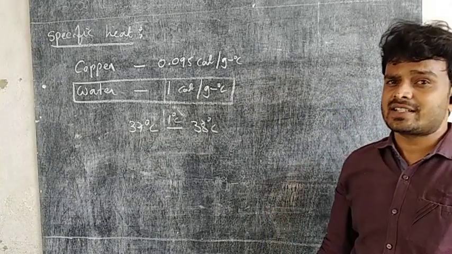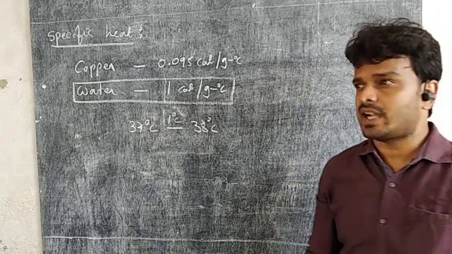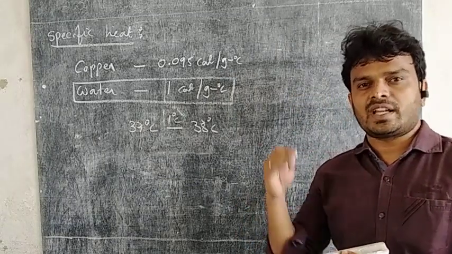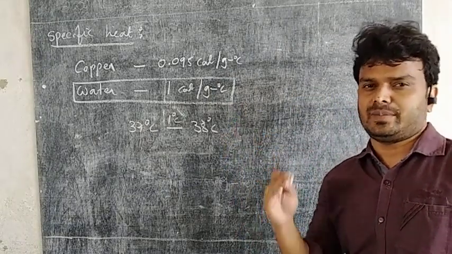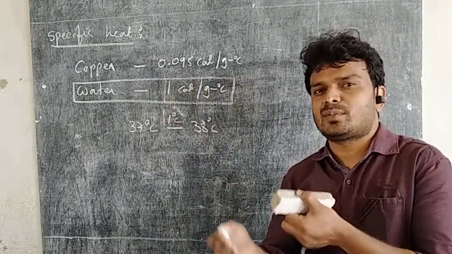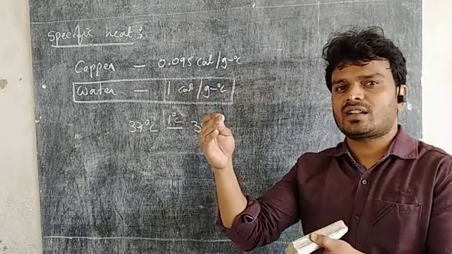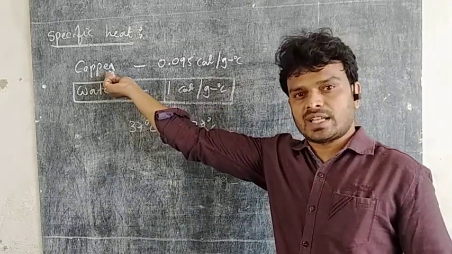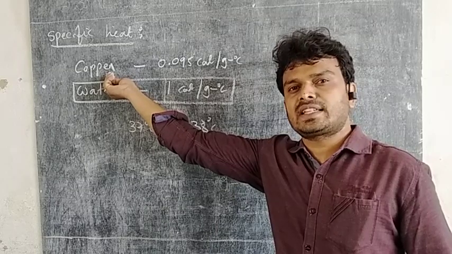Clear? If the specific heat is high, it requires more heat to raise or lower its temperature. If specific heat is low, it requires less heat to raise or fall. For that purpose, copper is used at the bottom of kitchenware utensils.